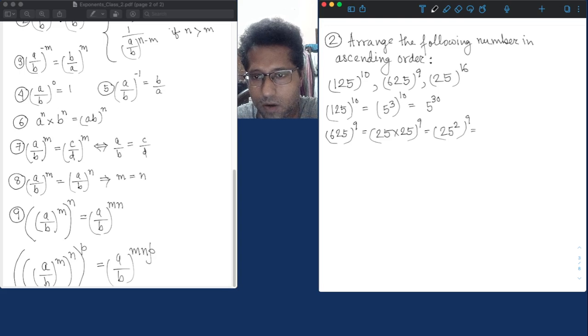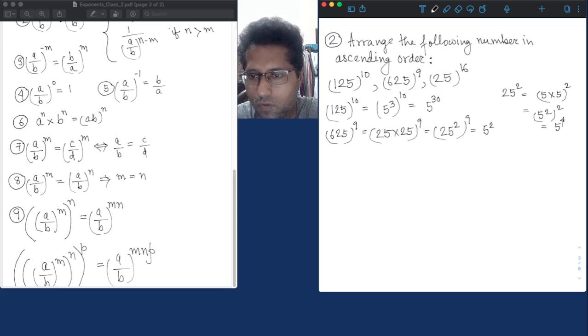Now 25 is 5 square, so 25 square equals 5 into 5 square, which is 5 square, this is equal to 5 to the power 4.